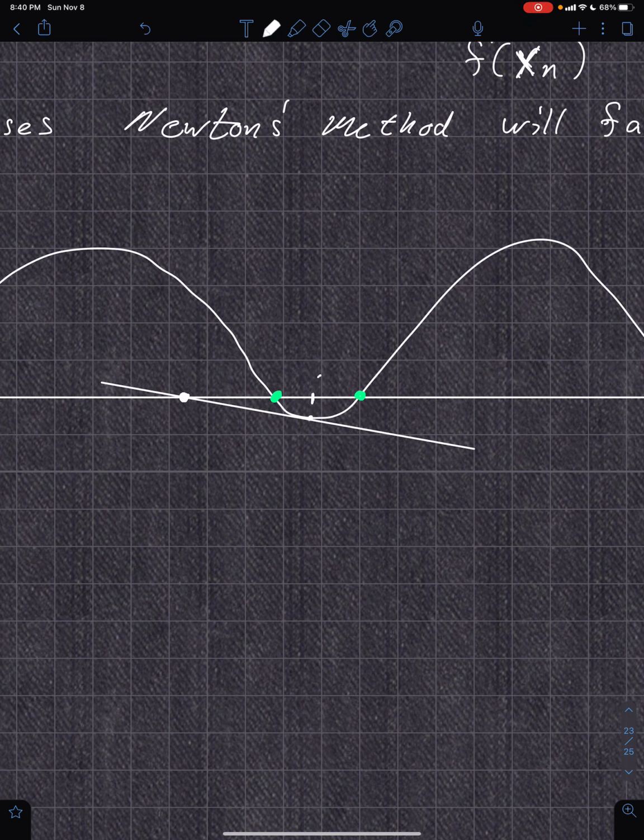So this is your x1. Then this ends up being your x2. And then you go back up to the graph. That one does work kind of, but that'll put you farther away. Okay, so what you don't want is your f prime of x1 to be close to 0. Okay, so we don't want that.